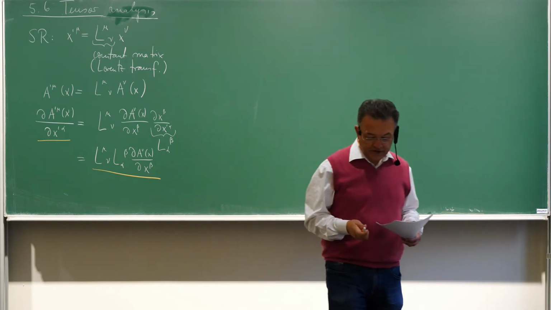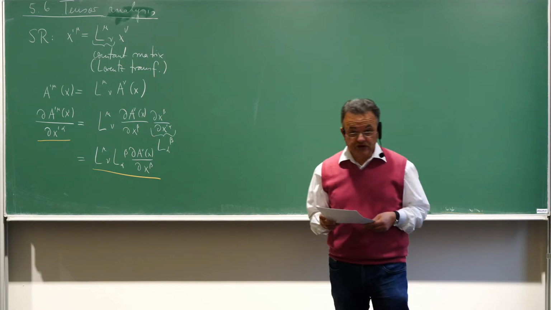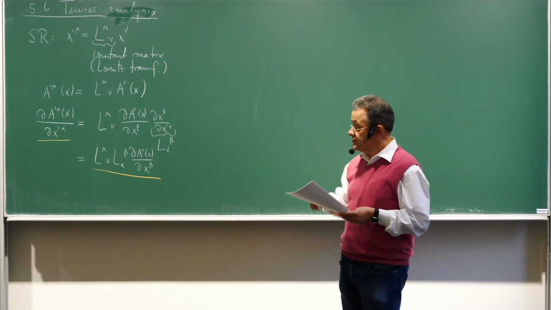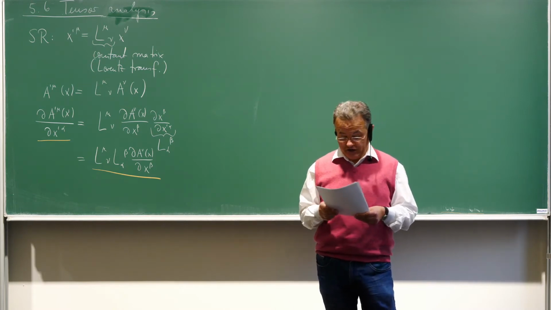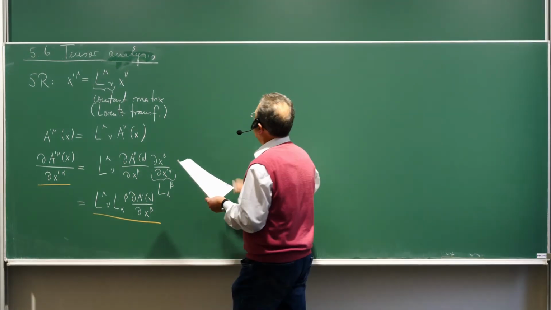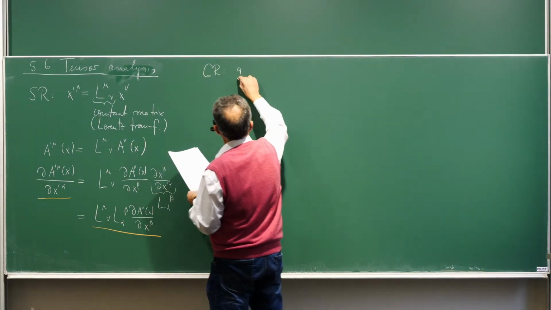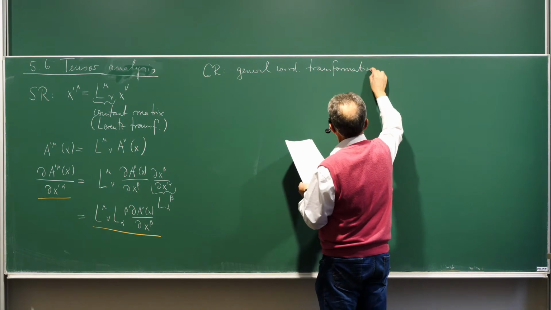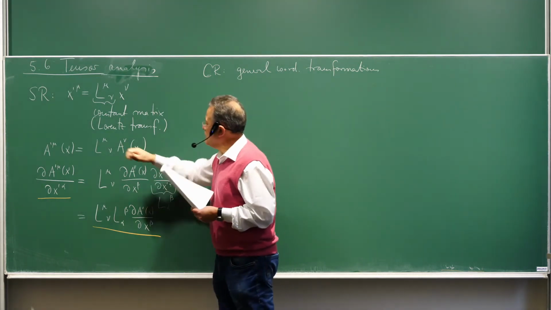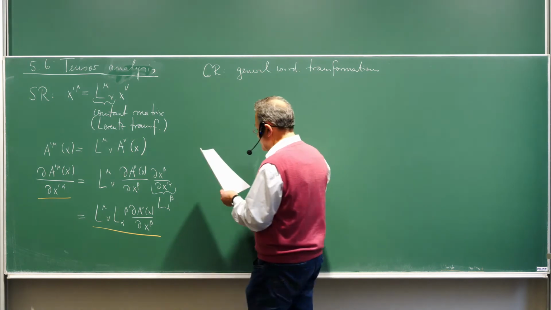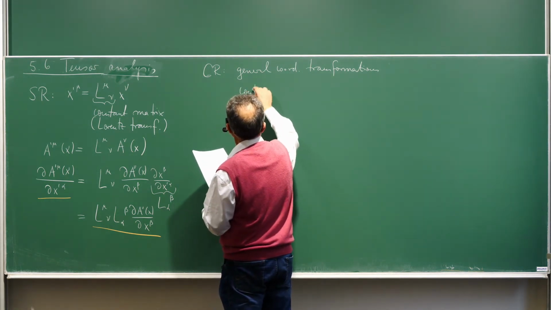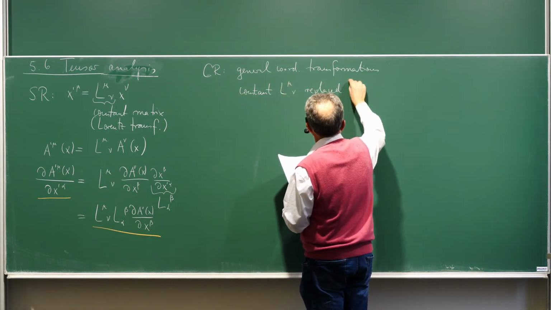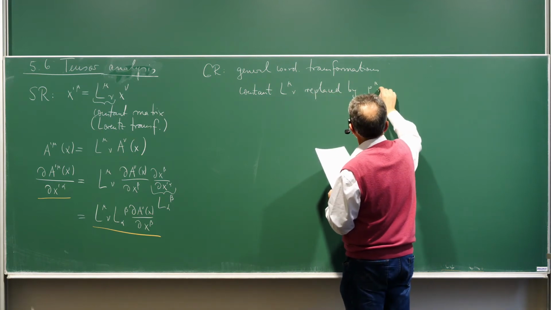Now in general relativity and here in differential geometry, the situation is different, because here we have a much wider class of allowed transformations, not only Lorentz transformations but general coordinate transformations. So in GR we have general coordinate transformations, and the constant L mu nu is replaced by what we call P mu nu of x.